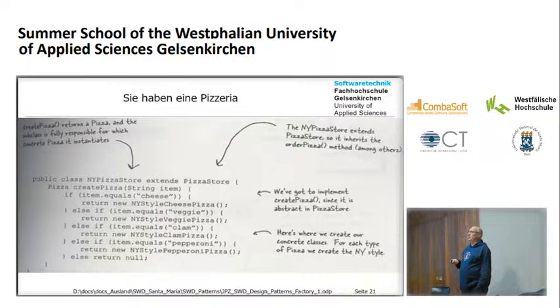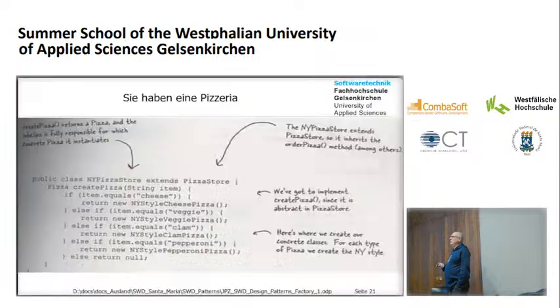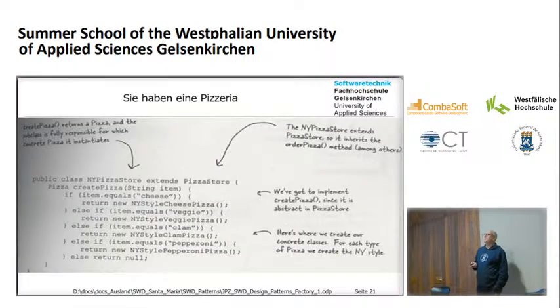So we have here the New York pizza store, and that extends pizza store. We have the create pizza method, and the string contains cheese or veggie or clam or pepperoni.